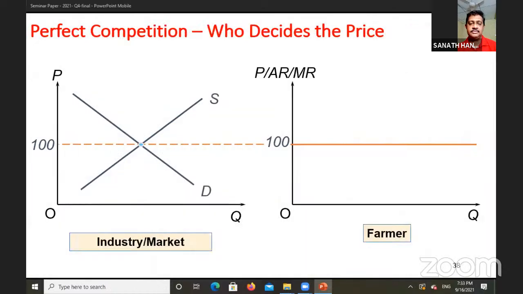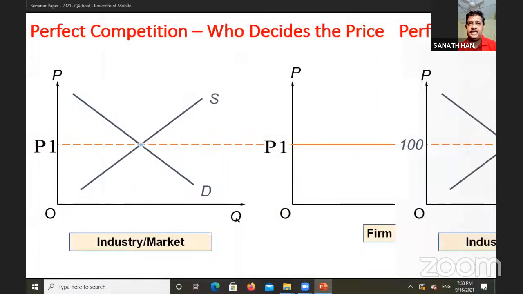Why? Because of perfect knowledge. Consumers know anything and everything about the market. That is why the demand curve faced by a perfectly competitive firm is perfectly elastic.